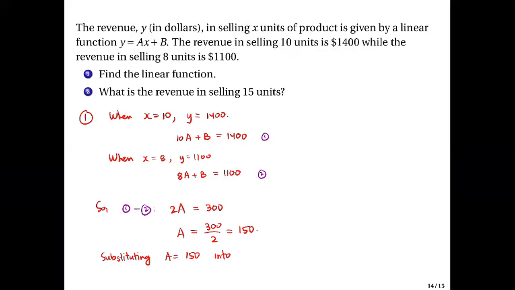So substituting A equals 150 into equation 1, we'll just have 10 times 150 plus B equal to 1,400. 10 times 150, that's 1,500. So this means we'll just have B equals 1,400 minus 1,500. This is equal to negative 100.